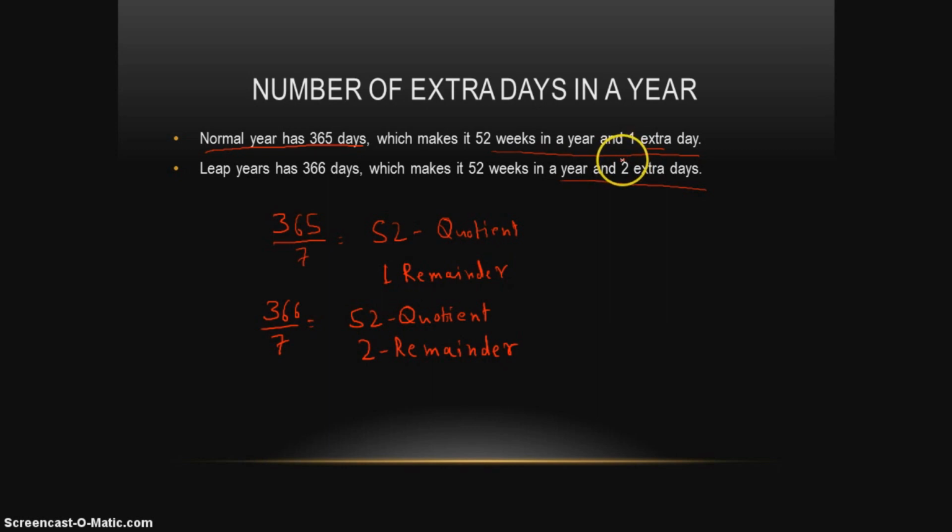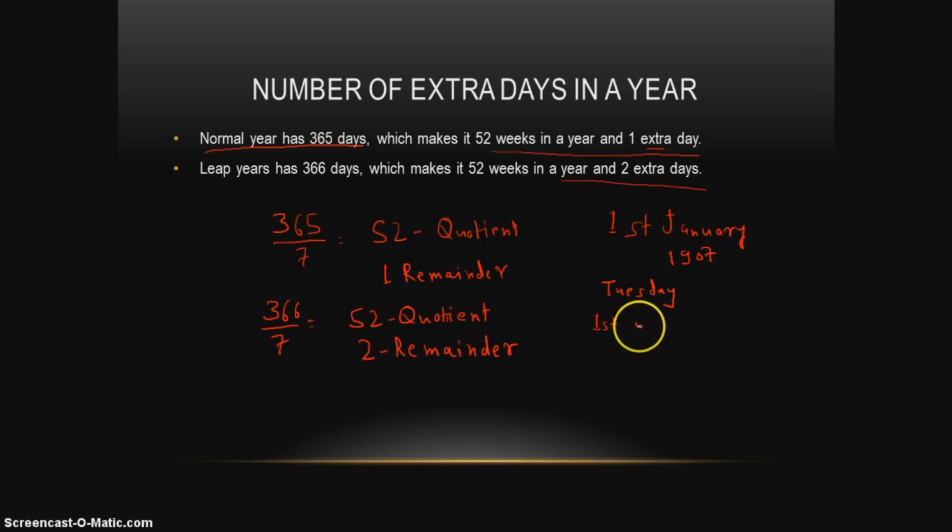Say 1st January 1907 was a Tuesday. I am not claiming it was, but let's say it was. Since 1907 is not a leap year, it has 365 days.